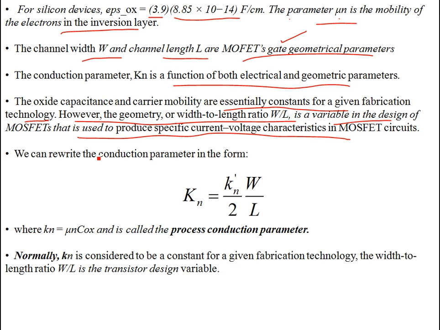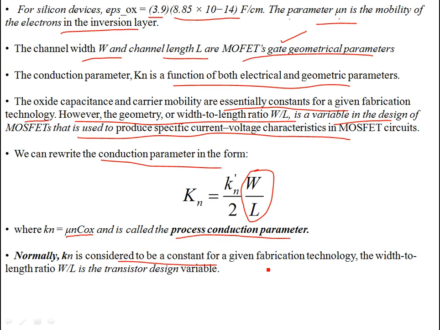We can write the conduction parameter in the form kn prime over 2 times W over L, where W and L are again the geometrical parameters, the dimensions of the gate. Kn prime is the product of mobility and the per unit capacitance of the oxide. It is called the process conduction parameter.